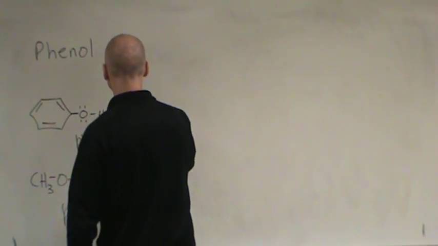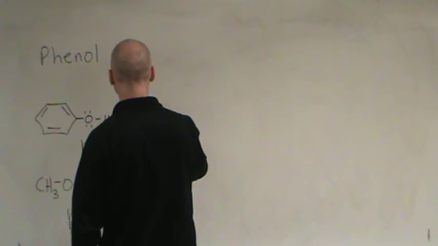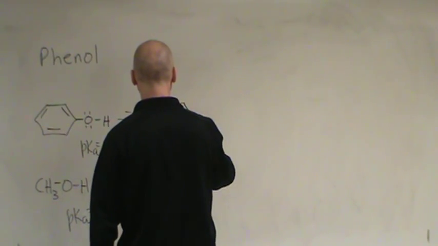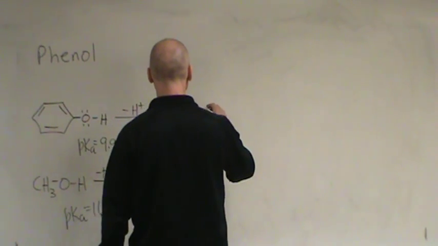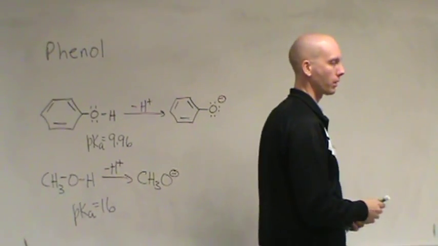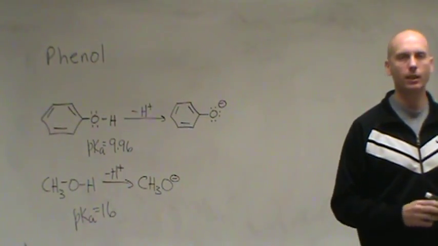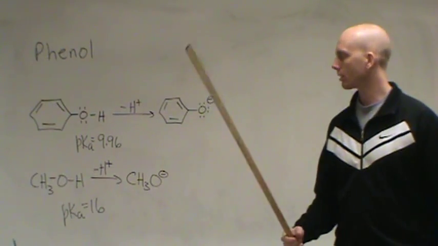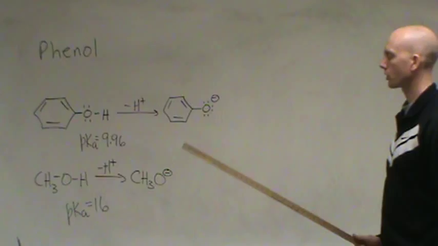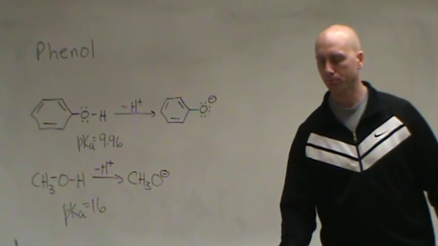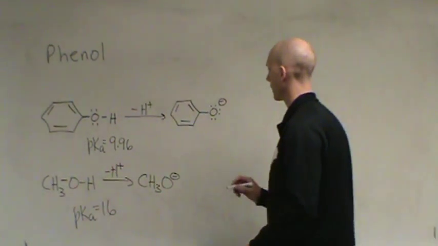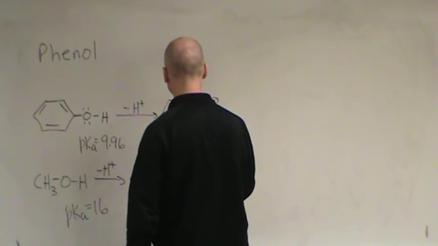Well, let's remove the acidic hydrogen. And if we remove it, we get that conjugate base there, where we have the O- attached to the benzene ring. This is what's called the phenoxy ion.